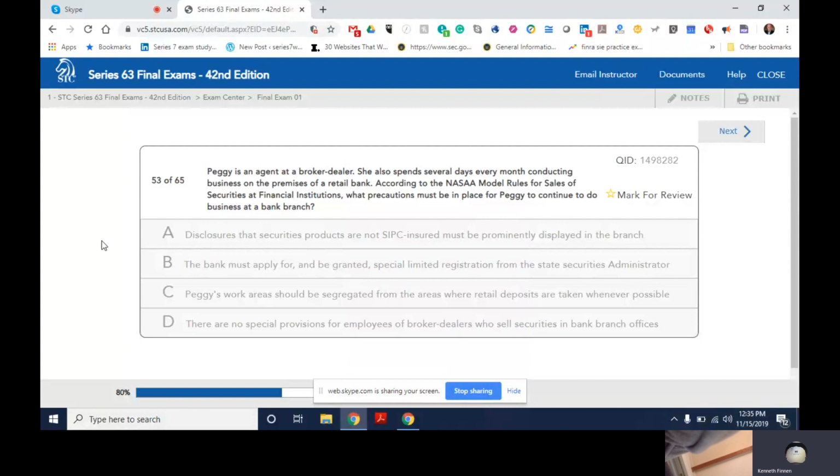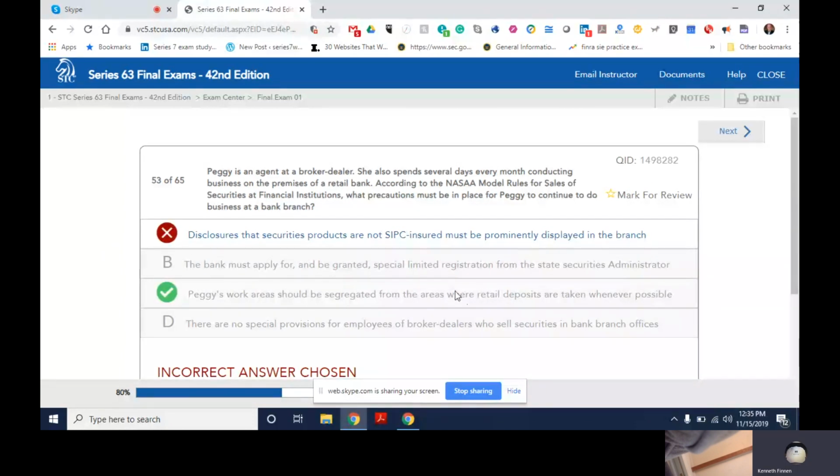Peggy's work area should be segregated from retail banking, that's a true statement. The bank must apply for and be granted special limited registration. And disclosures that securities products are not SIPC insured must be prominently displayed in the branch. Here's the problem: A and C are both correct. I'm going to go with A because I like the whole SIPC thing, but it easily could be C.